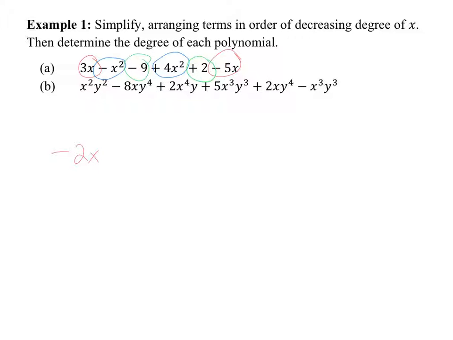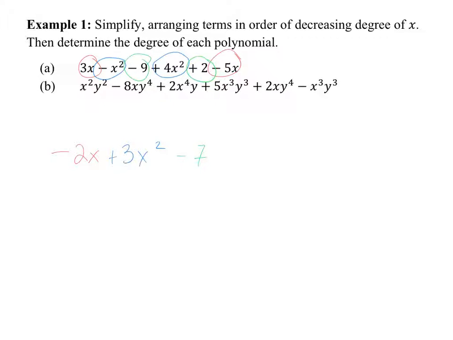A lot of students make mistakes here. The coefficient is a negative 5 there. It's not 5x, it's negative 5x. In blue, we've got negative x squared and a positive 4x squared. So I think of that as negative 1 plus 4. It's positive 3. And then finally in green, we've got negative 9 plus 2 is negative 7.